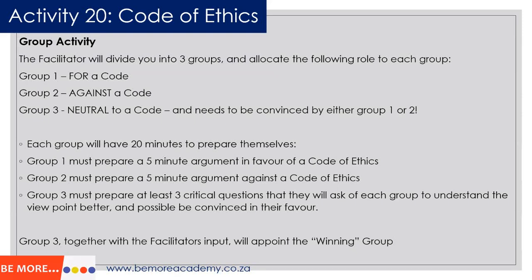All right. Because that is the activity 20. My suggestion is that you write down the question, the activity, and then just behind that, you give your answer. Okay. Any more questions on this one, on the Code of Ethics?